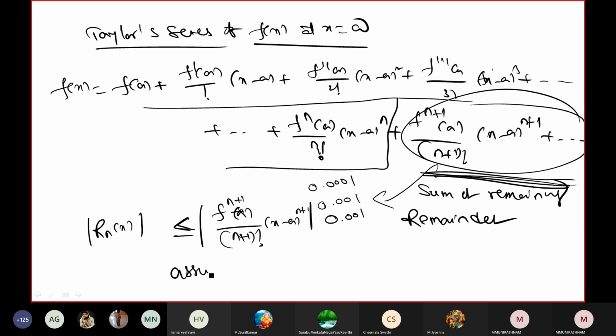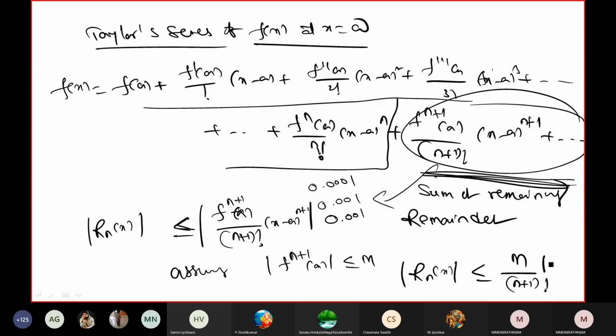Assuming that the n plus 1th derivative of f cannot exceed some constant capital M, then Rn of x will be less than or equal to M by n plus 1 factorial into modulus of x minus a whole power n plus 1.